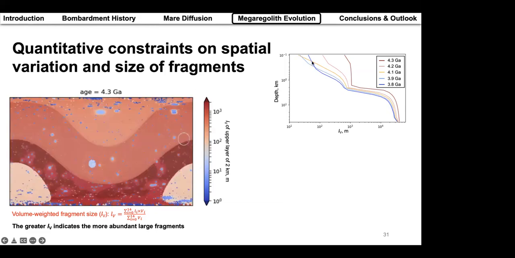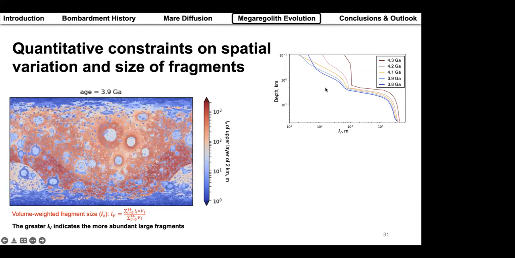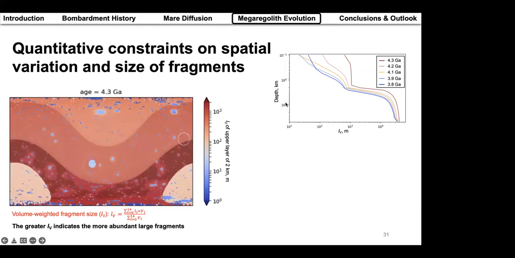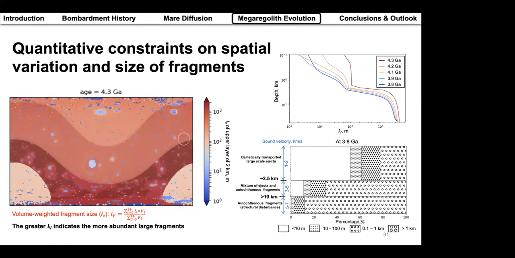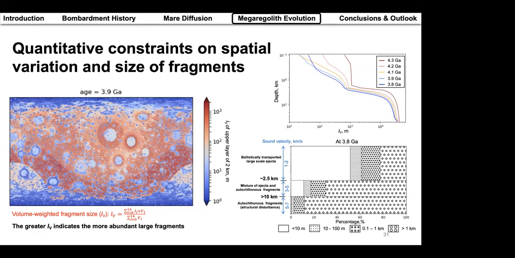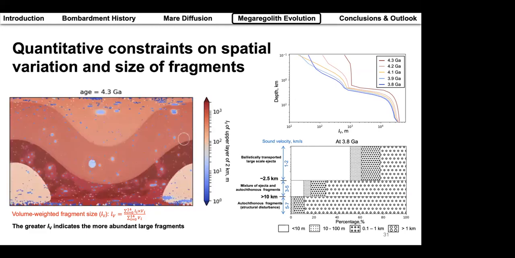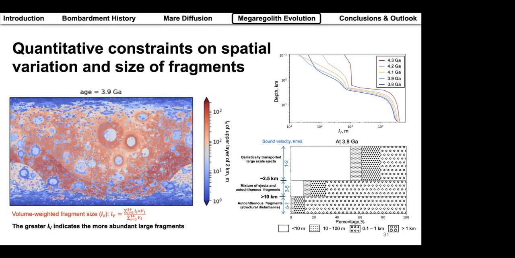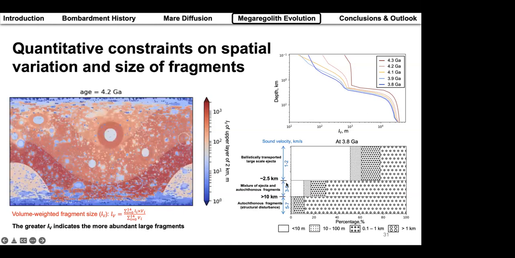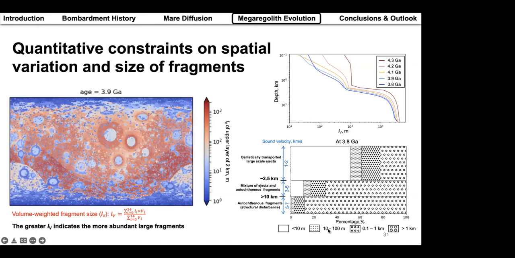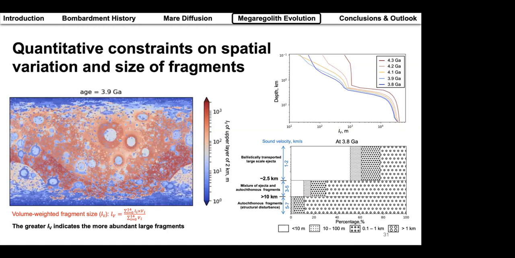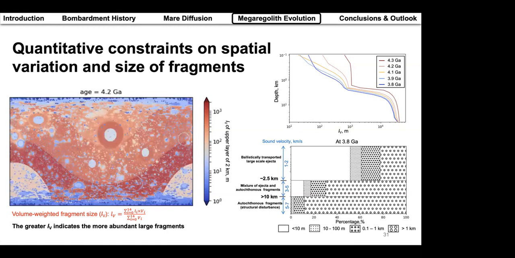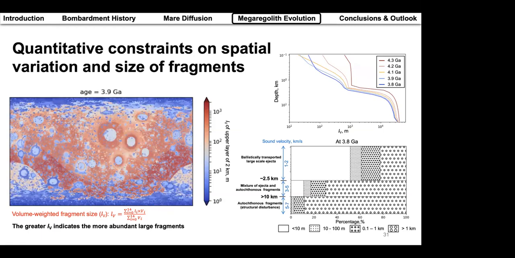We call these top layers the upper megaregolith, and the lower one the lower megaregolith. As I mentioned, the size of fragments is important to know. So I show you here for different depths how much of the material consists of fragments at kilometer scales or meter scales.